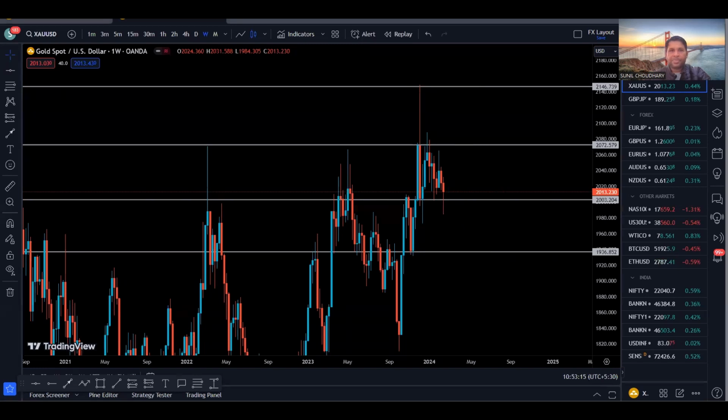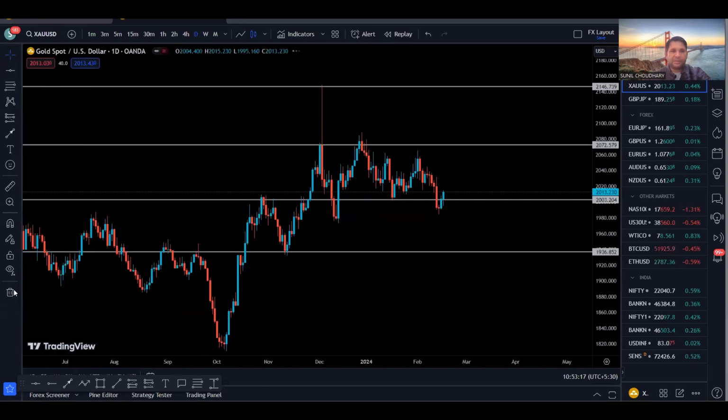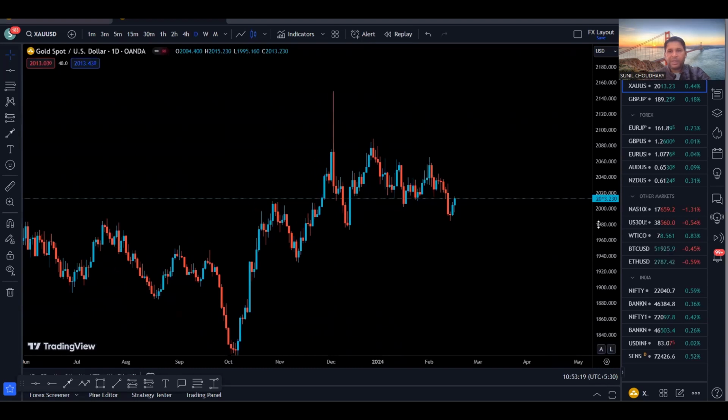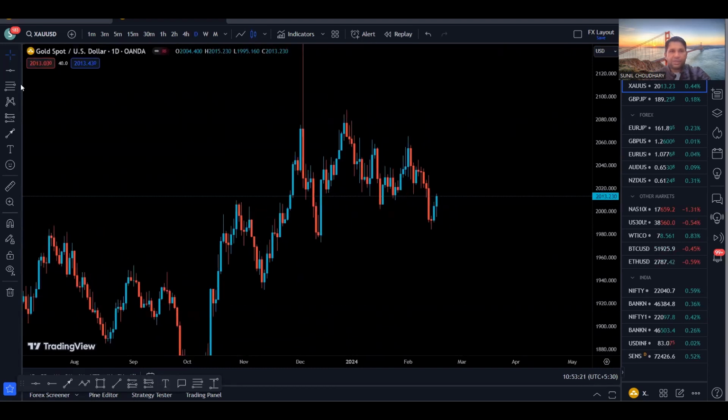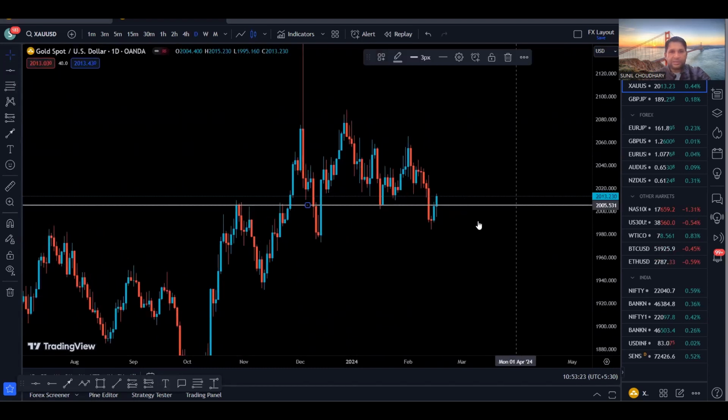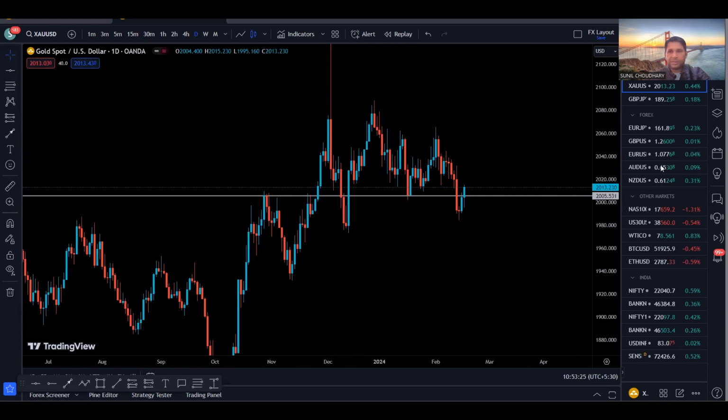Now let's go to the daily time frame to find what is happening there. On the daily time frame, we can see we had this support. At one point of time we had the candle close below this support, and right now the candle closed back into the range. So this move to the downside has become a fake out, and now there is a very high probability for the price to come up to the next resistance, which is right here.